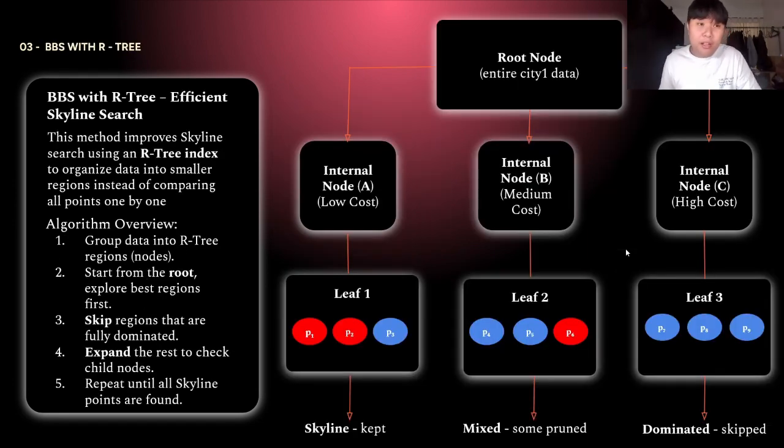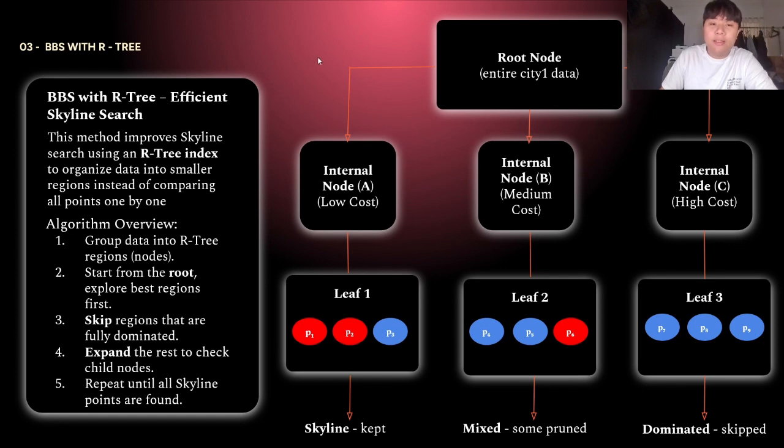Right. Next is the branch and bound skyline with R-tree. This improves skyline search by using an R-tree index to organize data into smaller regions instead of comparing all points one by one. So it uses nodes. The root node is the entire city1 dataset, and then it chooses the relevant node, which in this case, what we're looking for is the lower unit cost and lower price per square meter cost.